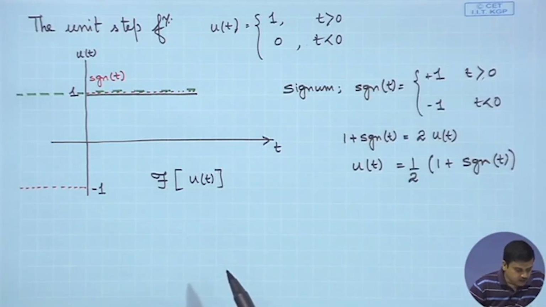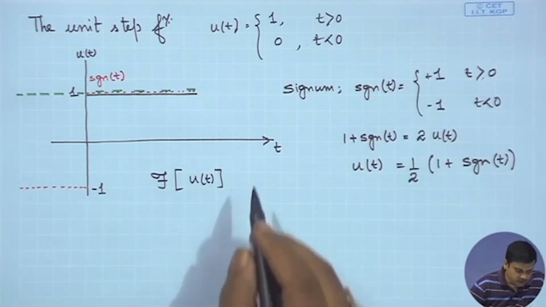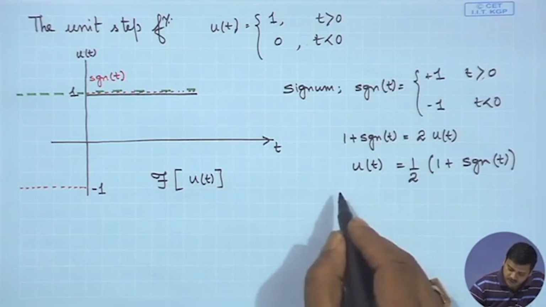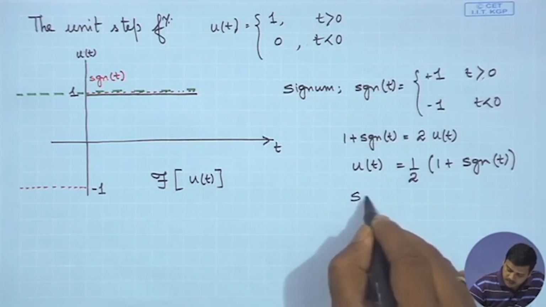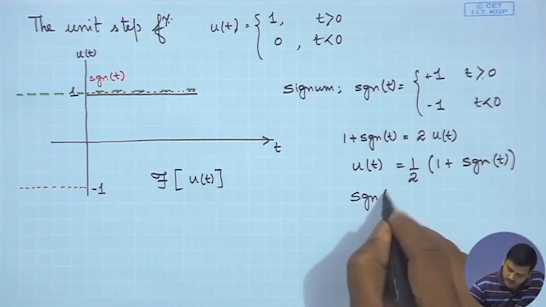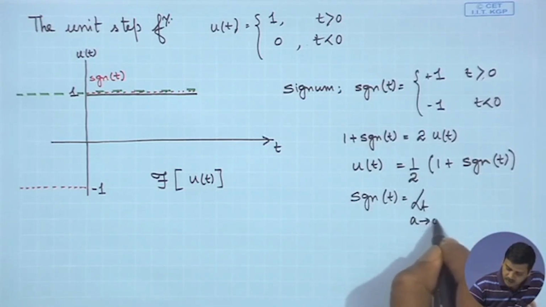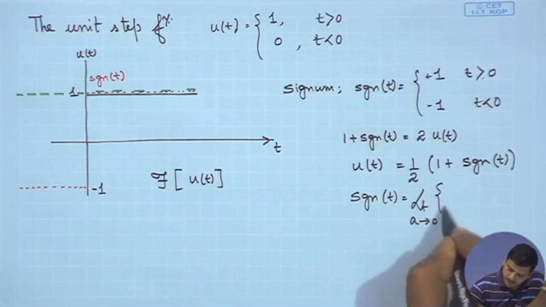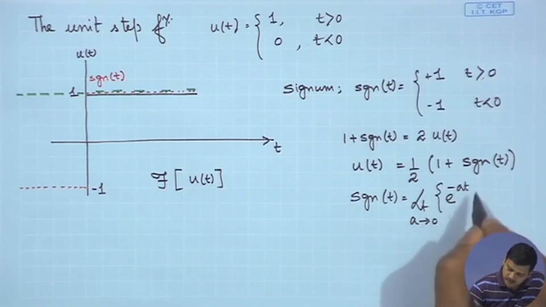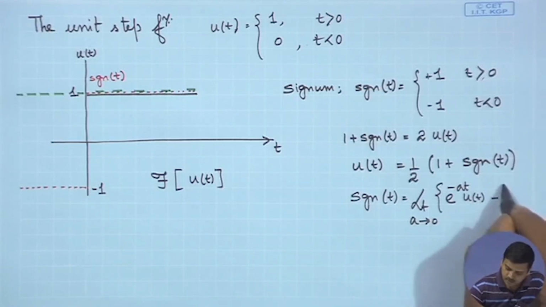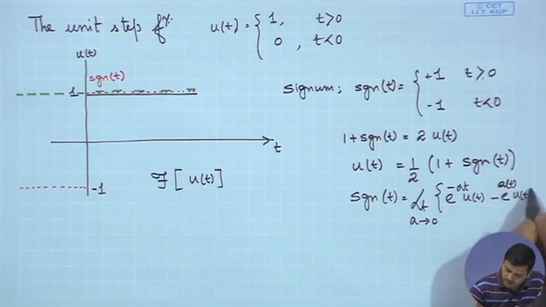To improve the situation, we would take an approximation of the signum function, and the SGN function could be approximated as the limit a tends to 0 of e to the power of minus a t u of t minus e to the power of a t u of t.